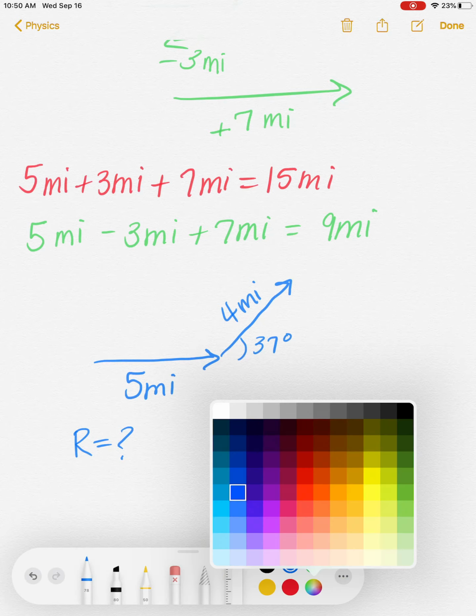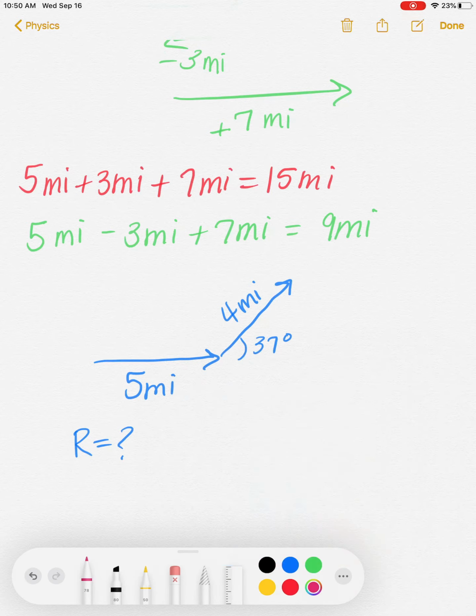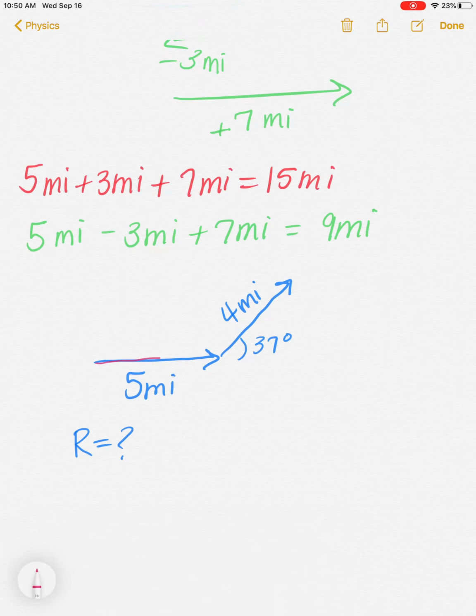Well, in math class, you might have talked about the head to tail vector addition method, where if you want to add two vectors, you would draw them like we have done, where the second vector begins where the first vector ended, and their resultant is the distance from the tail of the first to the head of the second. You have to use graph paper and a protractor in order to do that, but it is possible.